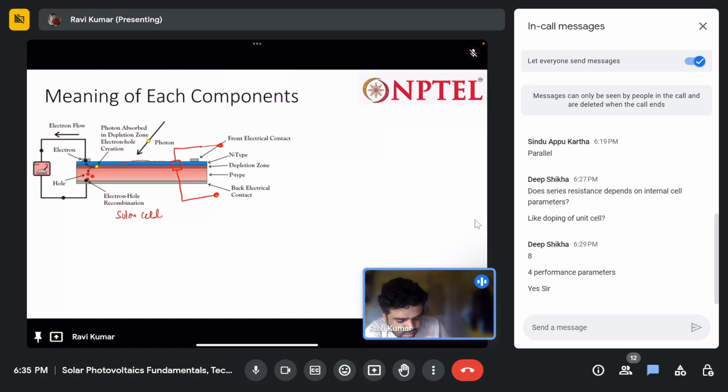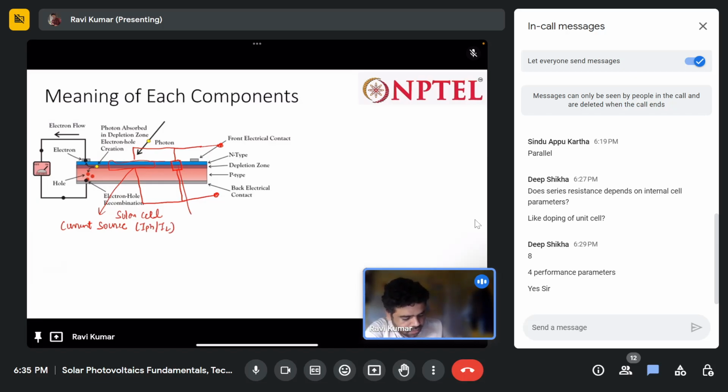This itself is a current source. It is the entire solar cell. So this current source is also parallel to this PN junction. This is our current source that we represent with IPH or IL.